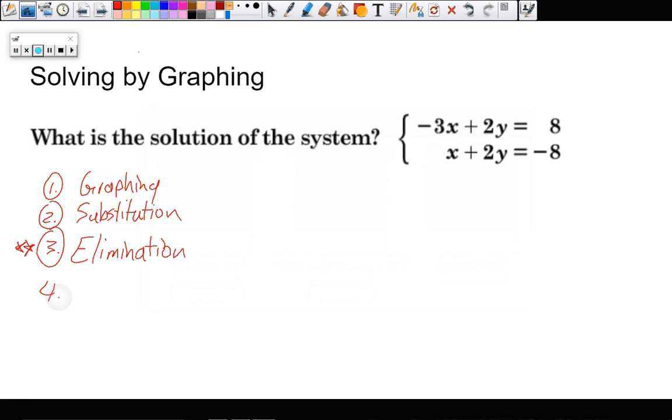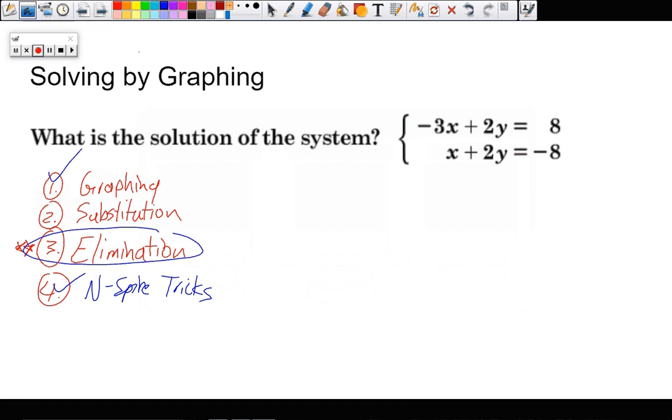And then the last thing, I'm going to teach you some inspired tricks. Obviously you can use these on the calculator portion, but elimination is my favorite.